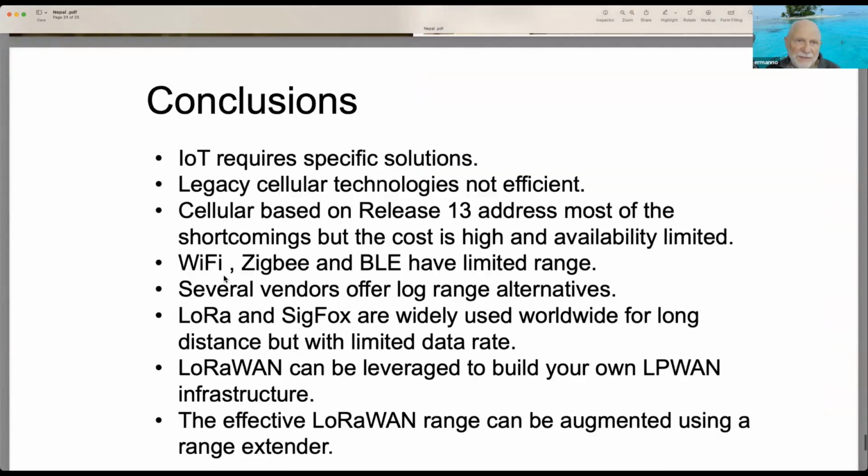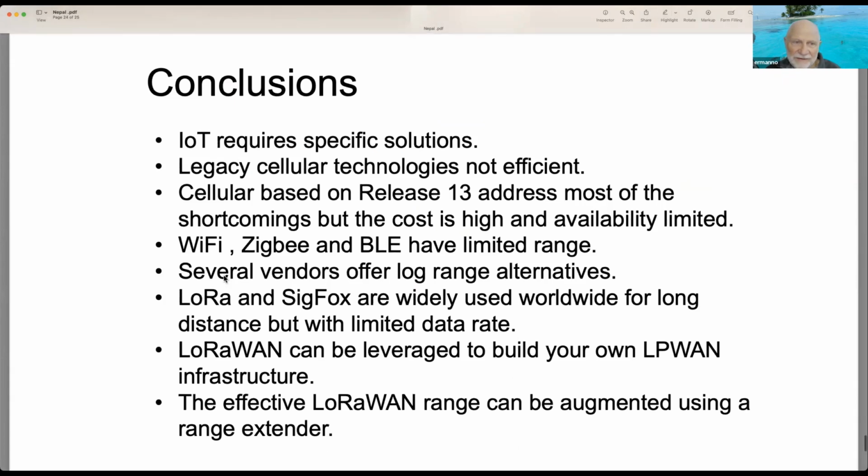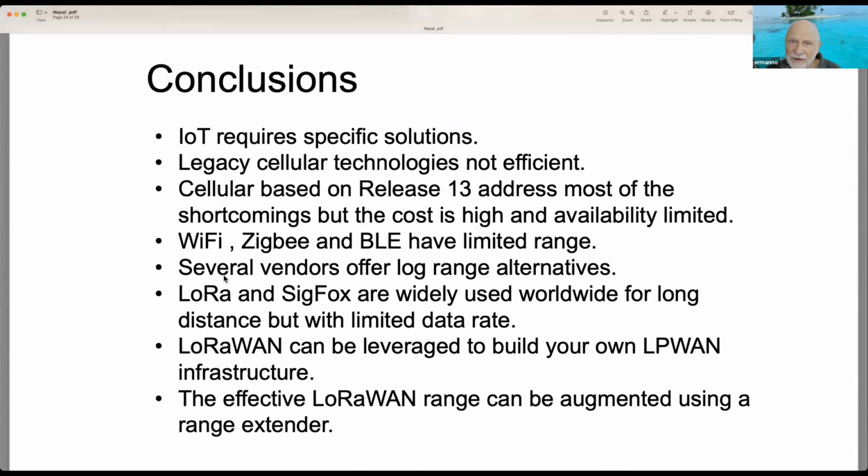Okay, so despite the problem with the screen sharing, I think we have covered some of the questions. And the conclusion we can draw is that IoT requires specific solution that normal cellular will not be able to provide.